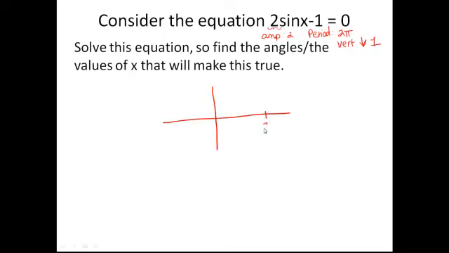Go to 2 pi. Here's my pi, and then of course we quarter it for our key points. So here are our key points that I'm going to have to keep track of. Those are where the interesting things are happening. So now I also need to know that I'm vertically down 1. I'm going to make my scale tick marks kind of far apart.